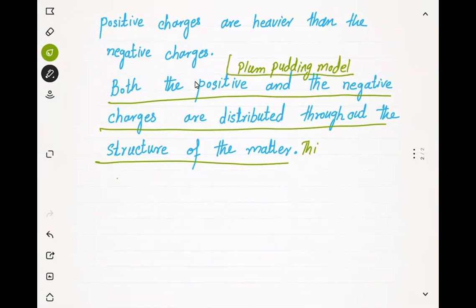So according to the plum pudding model of the matter, the positive and the negative charges were distributed throughout the structure of the matter.